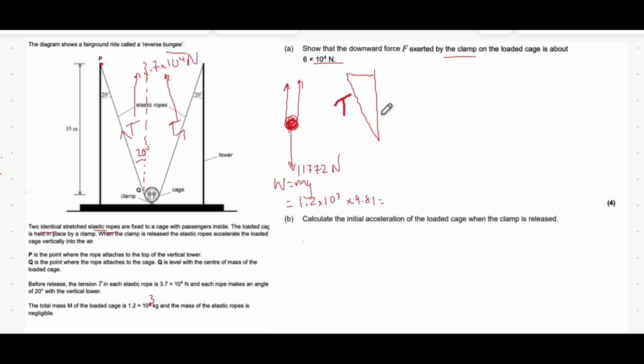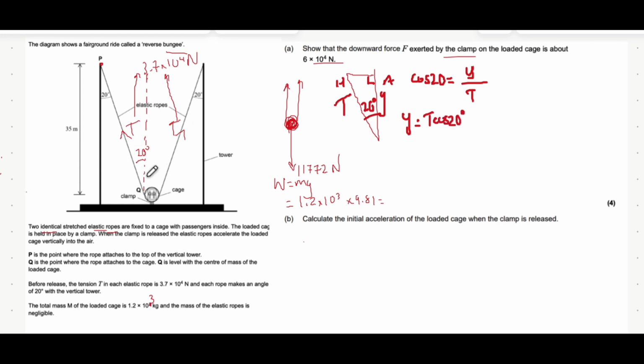This angle here is 20 degrees, and we want to find the vertical component. Let's call it y. Because this is a right angle triangle, we're using the hypotenuse and the adjacent. We can say cos of the angle 20 is equal to the adjacent, which is y, divided by the hypotenuse, which is tension. Multiply both sides by tension and we get that the vertical component is T cos 20.